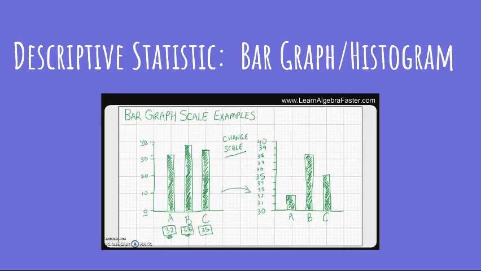Inferential statistics, we're going to talk about later in this video lecture, is how can we interpret them? What meaning do they have? So when looking at descriptive statistics, one way in which we can share our data is through a bar graph or a histogram.